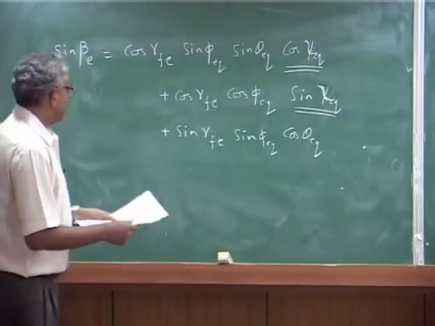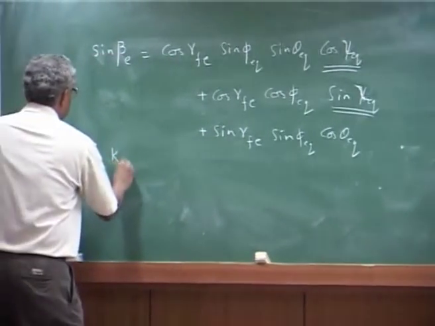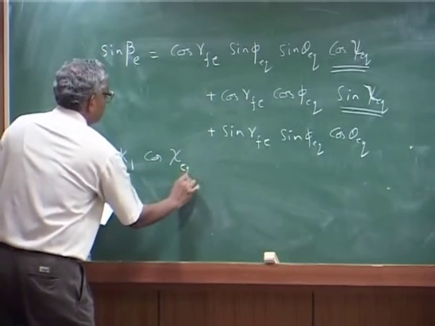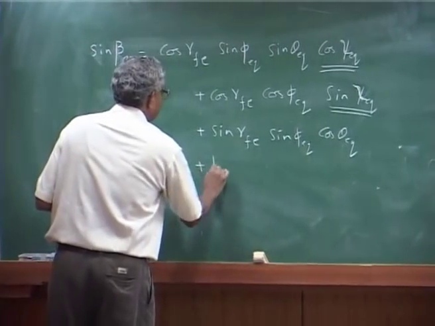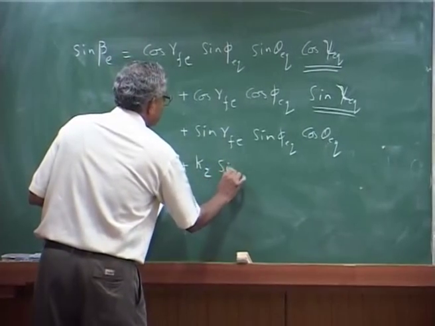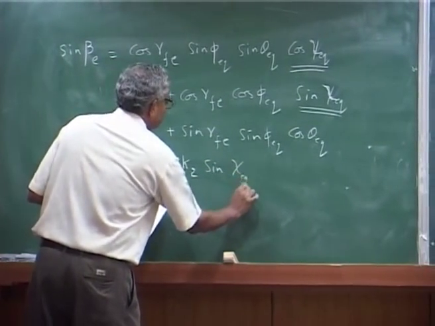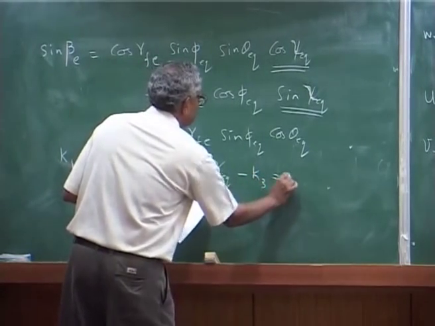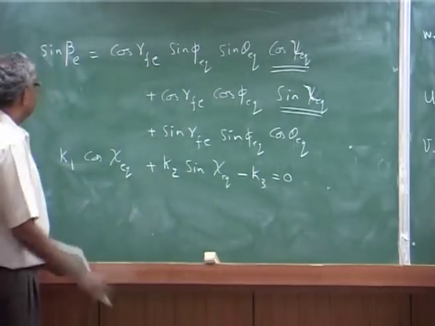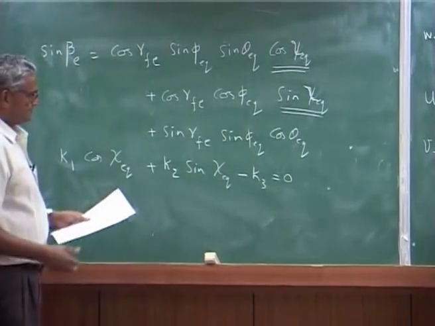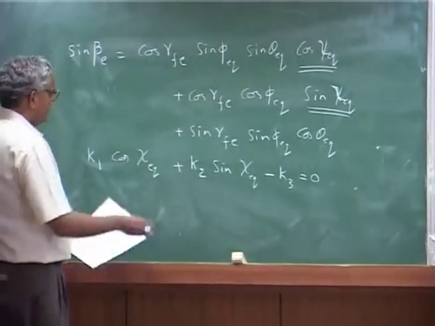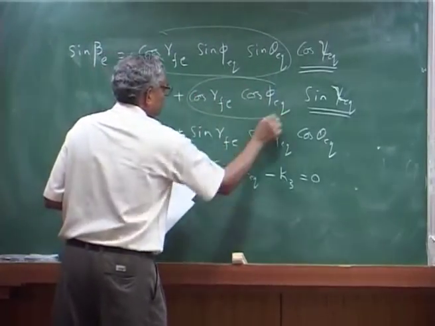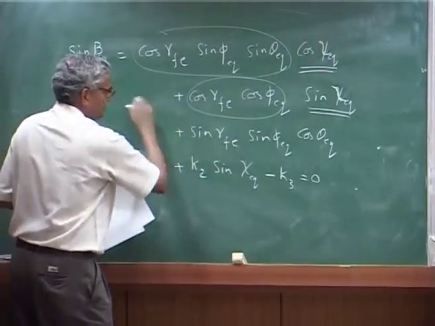Okay. You can write it as K1 cosine chi equilibrium plus K2 sin chi equilibrium minus K3 equals 0, okay, because you bring this term here. Okay. You can say this is K1, this is K2, and K3 is you bring this term and then put a minus sign.